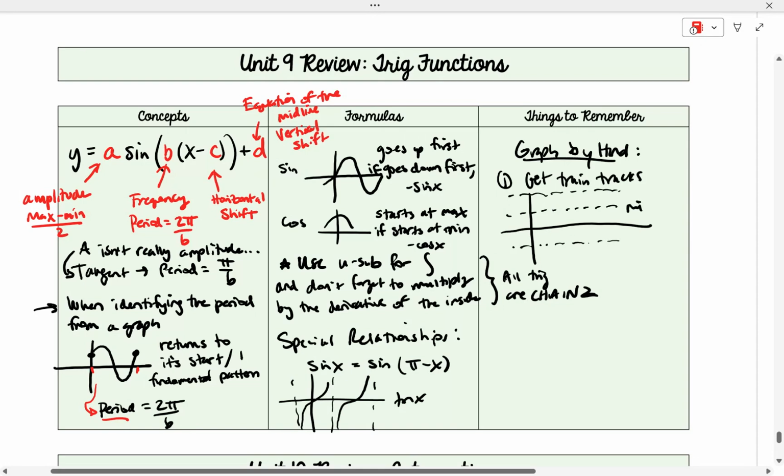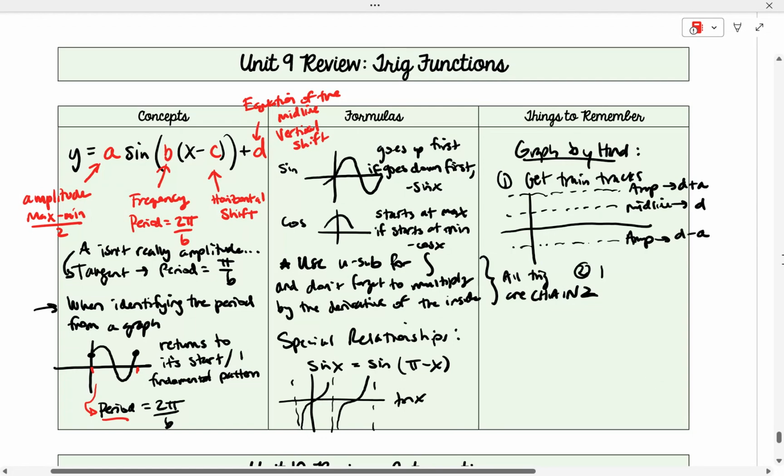So you would get the midline, count up for the amplitude, count down for the amplitude, right? So the max can be thought of as, let's say the midline is D, from our example over here, right? You see how D is the shift. So midline is D, and the top is D plus A. And then down here it could be D minus A, if you want to think about it like that.